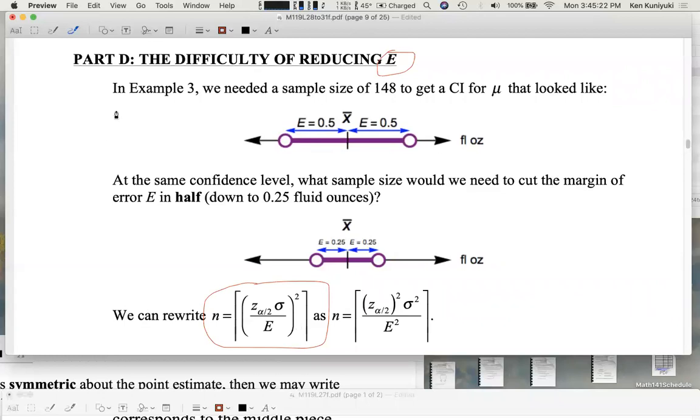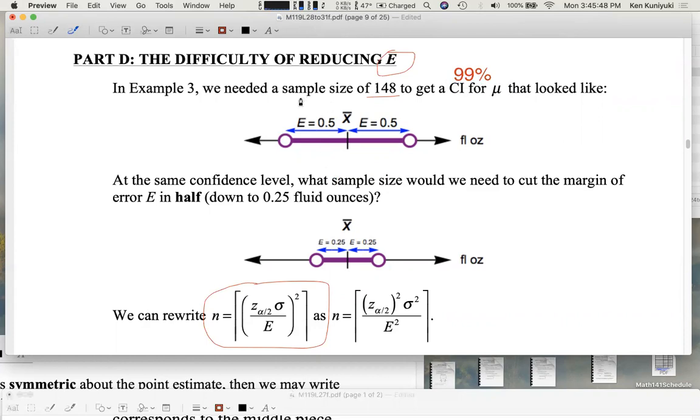Now, take a look here. In example 3, we needed a sample size of 148 to get a confidence interval, a CI for mu, the population mean amount of ice cream per carton, that looks like this, where when we eventually construct the CI, it's a 99% confidence interval, by the way.